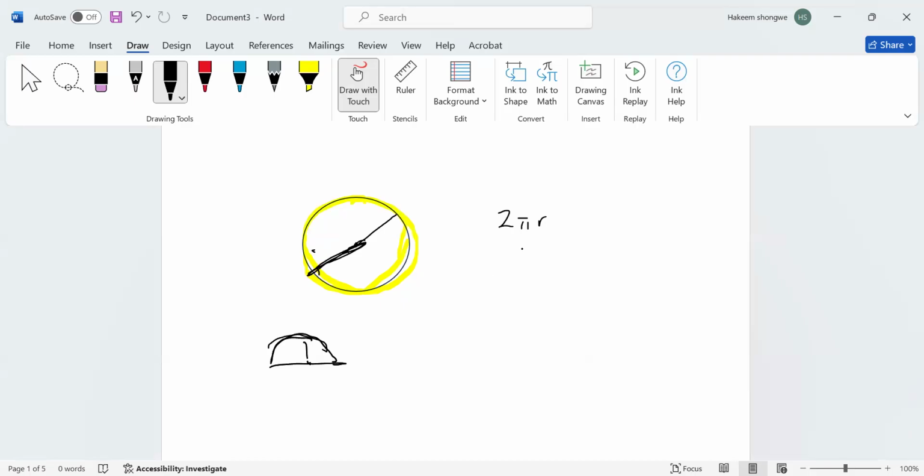If you want the circumference of the other half, we must divide by 2 because we separated the circle into 2 parts. If you divide by 2, the 2 cancels that 2, and I'm left with pi r.